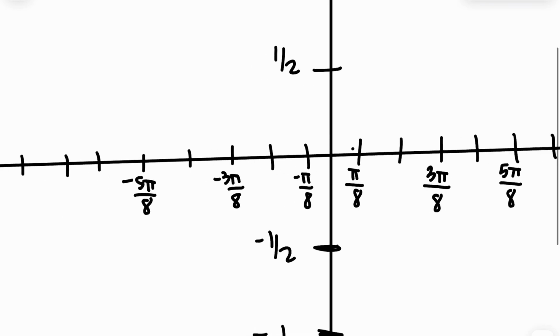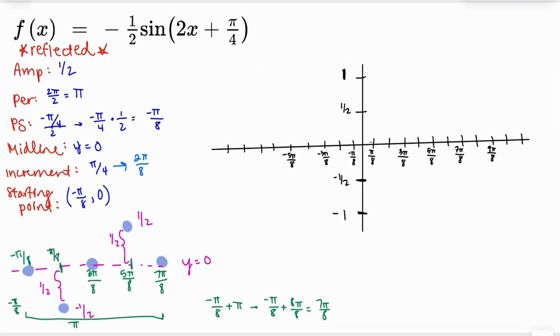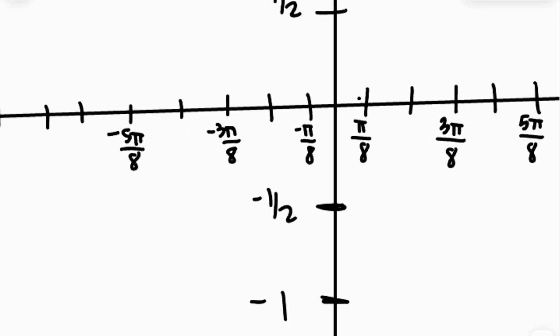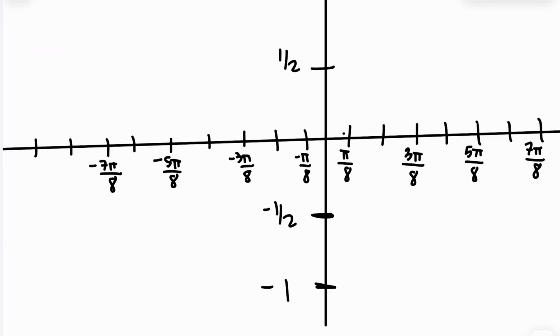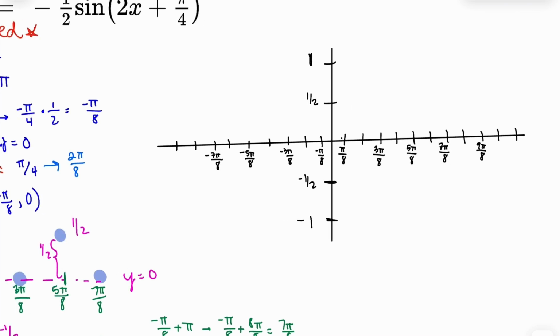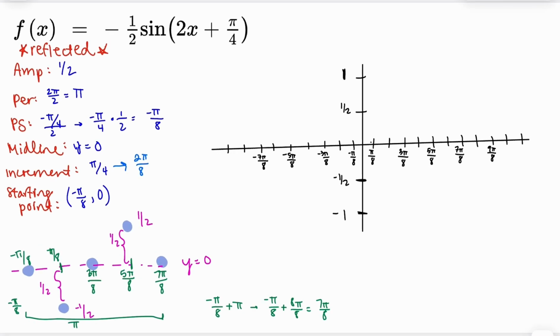My phase shift is negative pi over 8. But my increment is pi over 4, which means the gap between my critical points is pi over 4. But I need to think of that in terms of over 8 so that I can graph my phase shift correctly. So let's put that in.